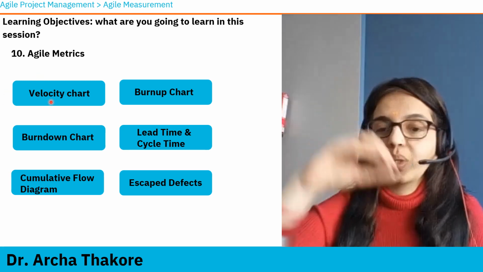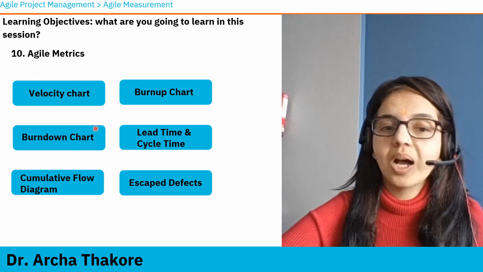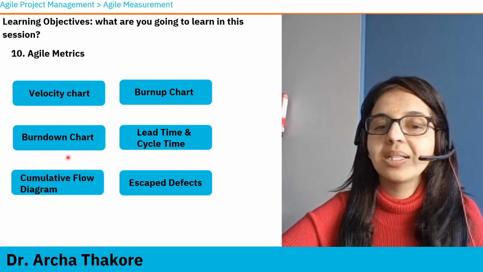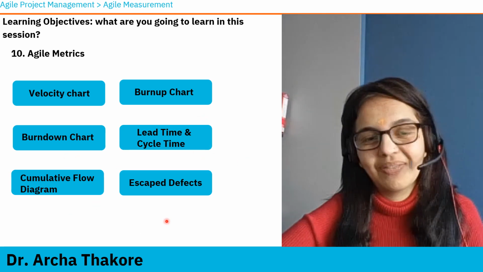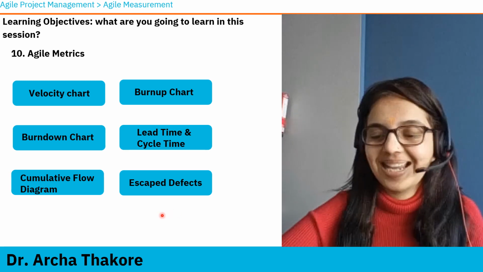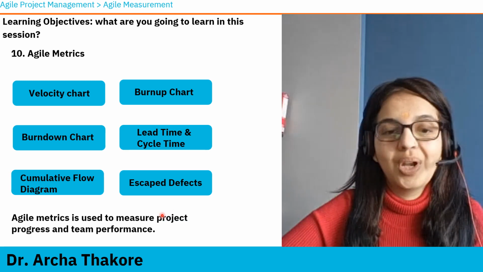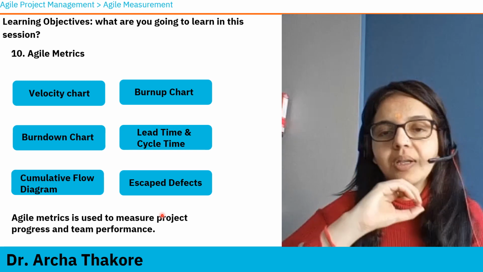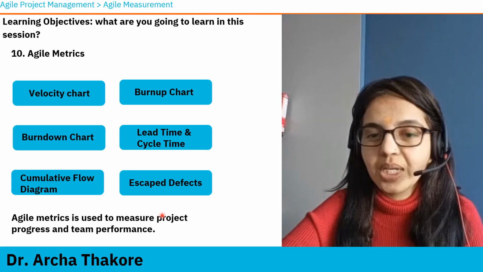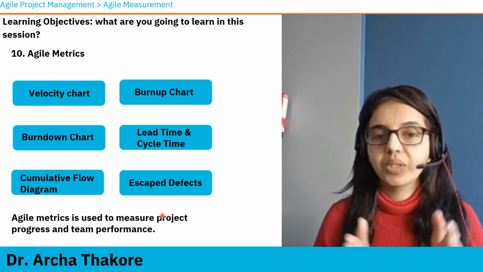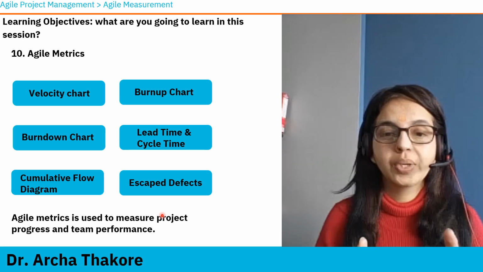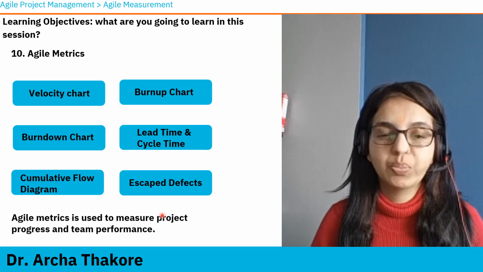We are going to talk about agile metrics, velocity charts, burn-up charts, burn-down charts, lead time, cycle time, cumulative flow diagrams, and escape defects. So let's jump right in and start with velocity charts. Before that, just a little point about understanding why metrics are important. In any project, it is very important to see how the work is progressing and how the team is performing.